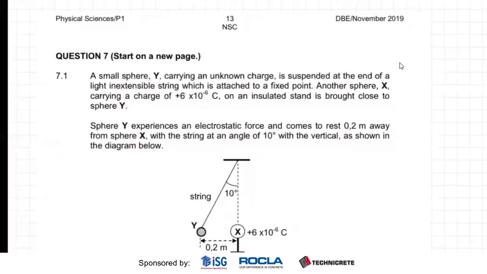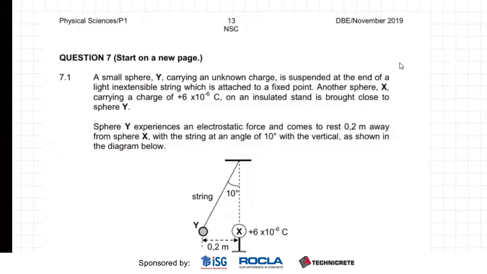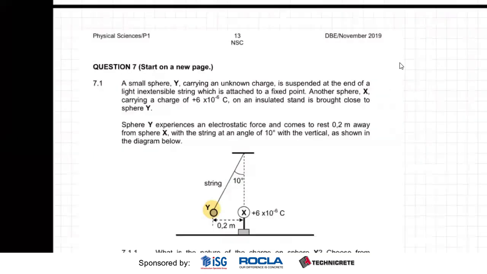So we have sphere Y and we have sphere X. They were brought close together and then they exchanged forces, and sphere Y went out to 10 degrees and 0.2 meters away from sphere X. There's a 10 degrees there.